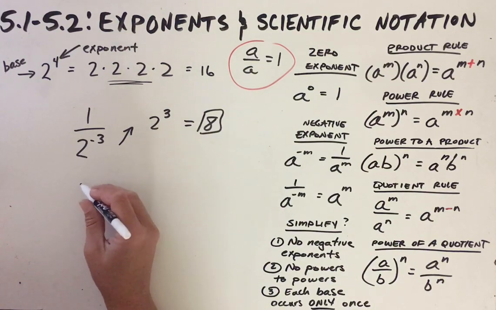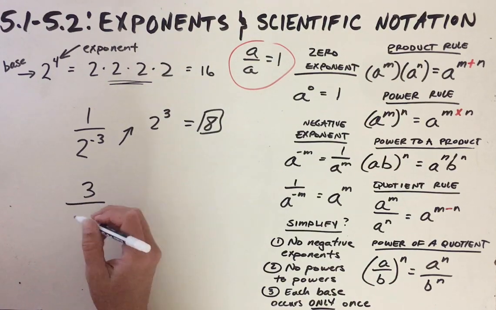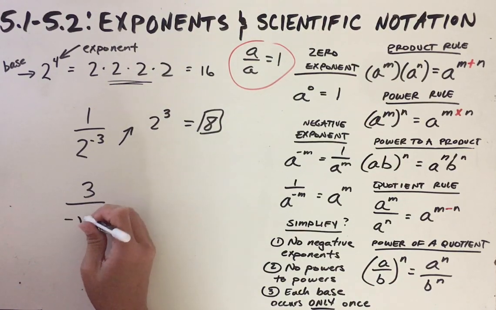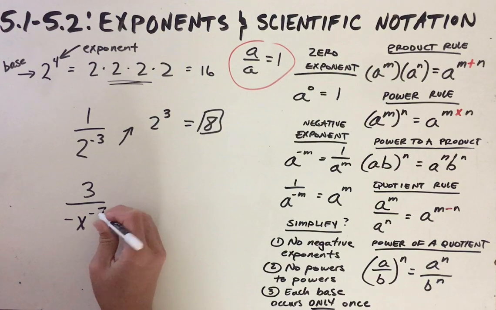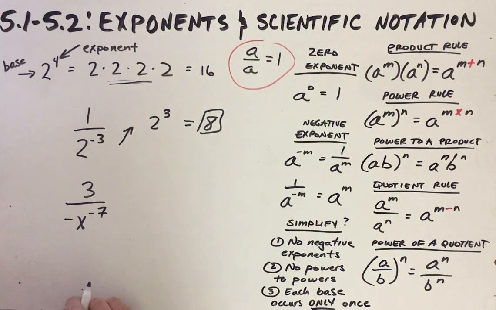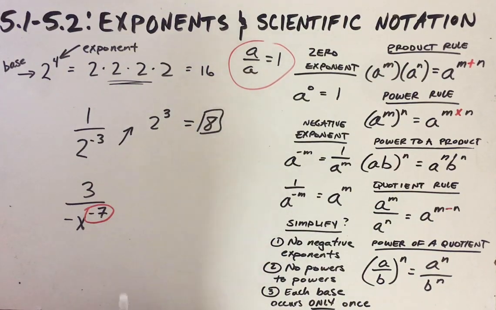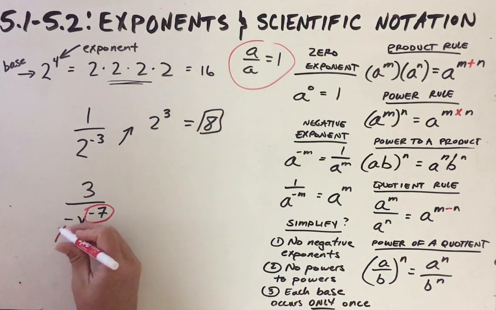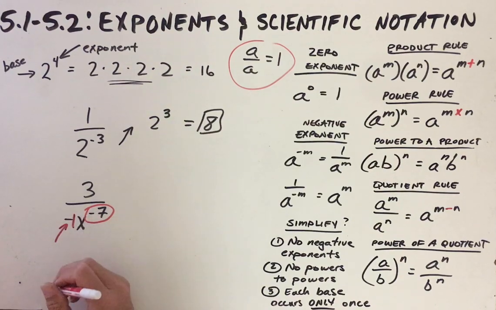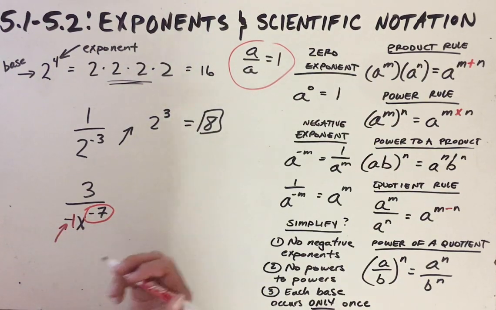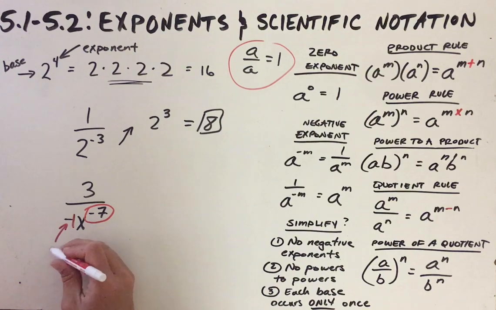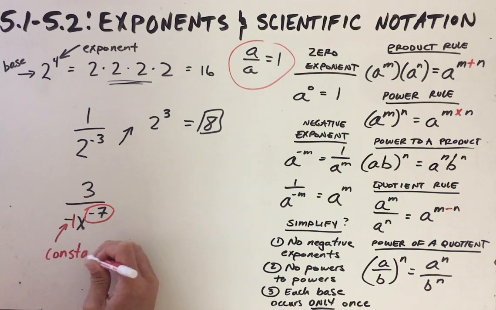What if I had 3 over negative x to the negative 7? How would I simplify this? Well, remember that these exponent rules are only exponent rules, so my goal here is to get this exponent to be positive. This is a constant, the constant of negative 1. I can't just put it upstairs and make it positive. So it does not apply to this constant, so don't try to apply this negative exponent rule to a constant.